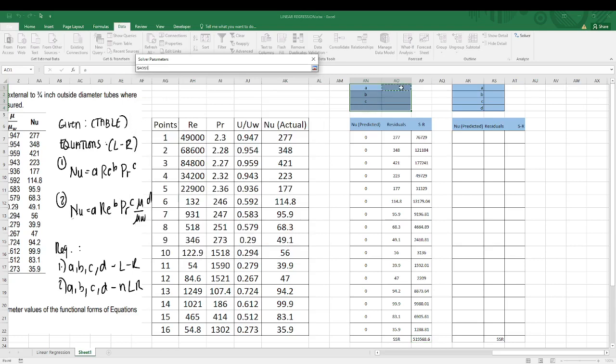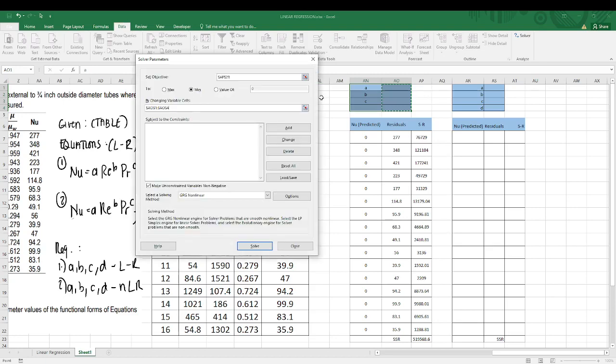And we need to change the values for A, B, C. So I will be dragging this one. I added one extra, because I think there is a problem with the solver method: it will create 0 for your C if I don't add another dummy space. Then make unconstrained variables non-negative, then GRG Nonlinear is the algorithm for solving.